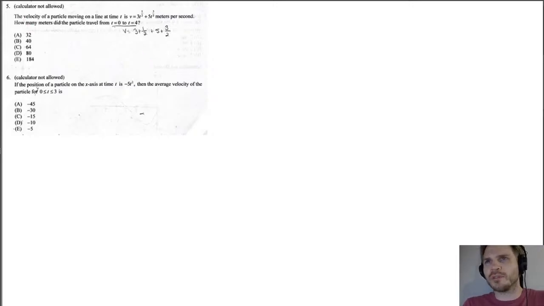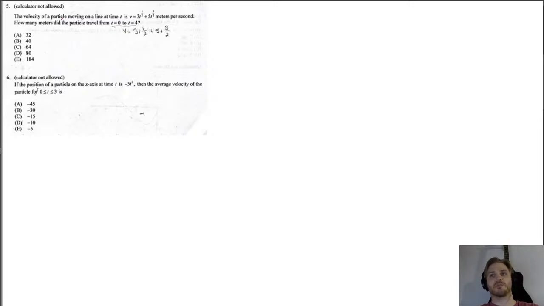All right, so the velocity of a particle moving on a line at time t is whatever. How many meters did the particle travel from t? Okay. So for me, this is not talking about its displacement.